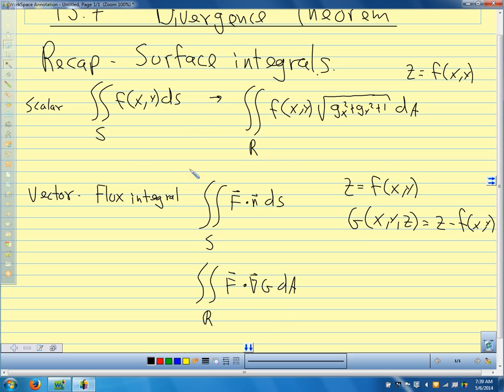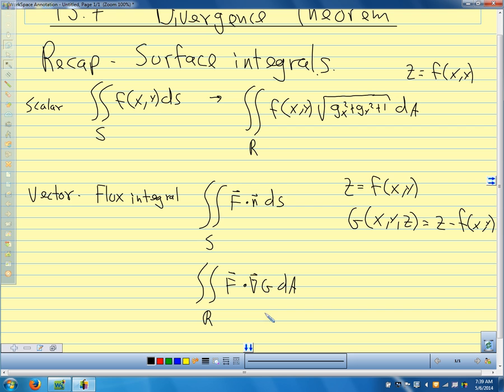And we came up with similar expressions if we had a parametric surface, r of u and v. Most times we're going to be talking about surface integrals in this form. So that's a quick recap of how we found our surface integrals.